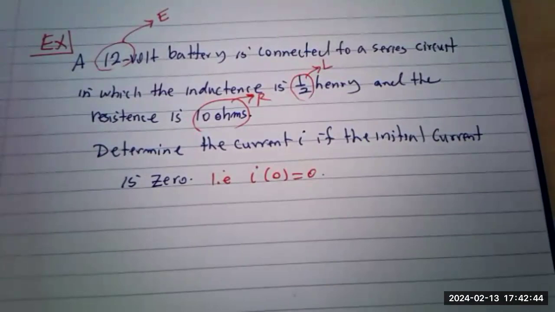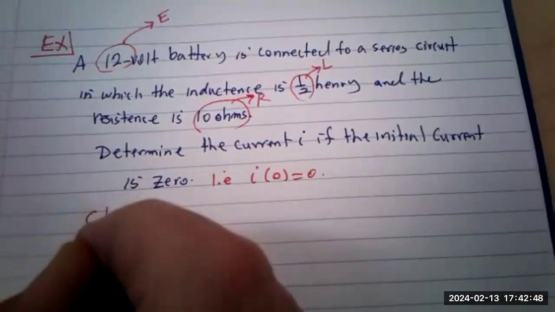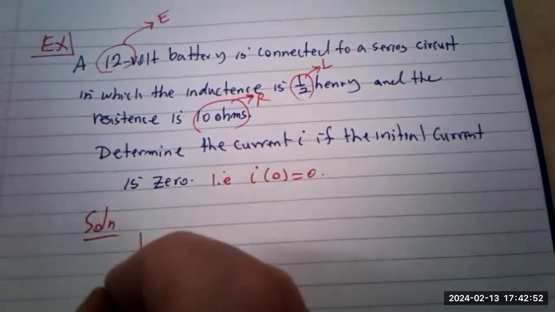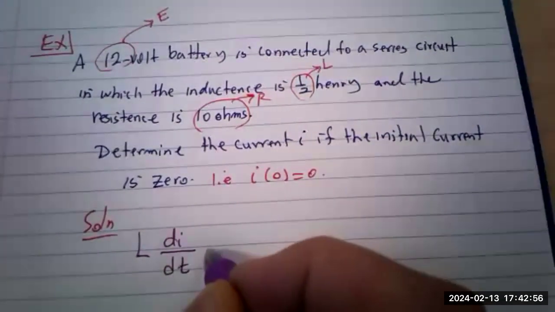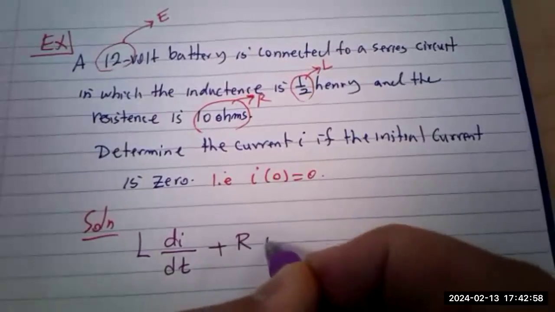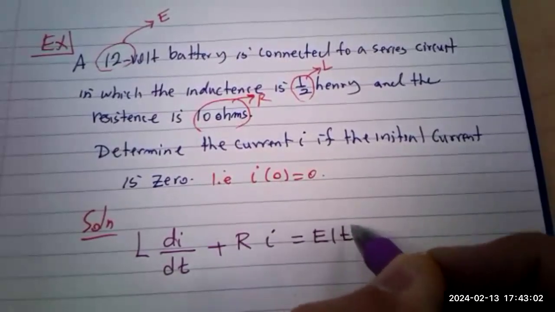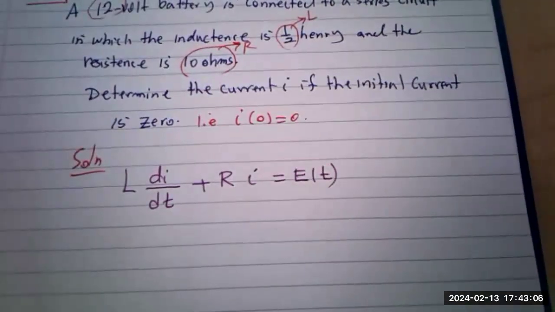So you know the differential equation. Let's see what the solution would be. We use the Kirchhoff law. By the Kirchhoff law, you have L di/dt plus R times I equal to E of t. That's the differential equation that we created using the Kirchhoff law.